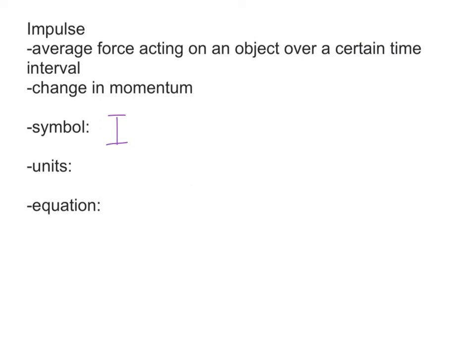It's a force times a time, so the units are either Newton times seconds, or because it's a change in momentum, it'll have the same units as momentum, so kilogram meter per second. So again, this is why impulse is confusing. It's got two different units, Newton seconds or kilogram meter per second, and it's got really two different definitions, force times time or change in momentum.